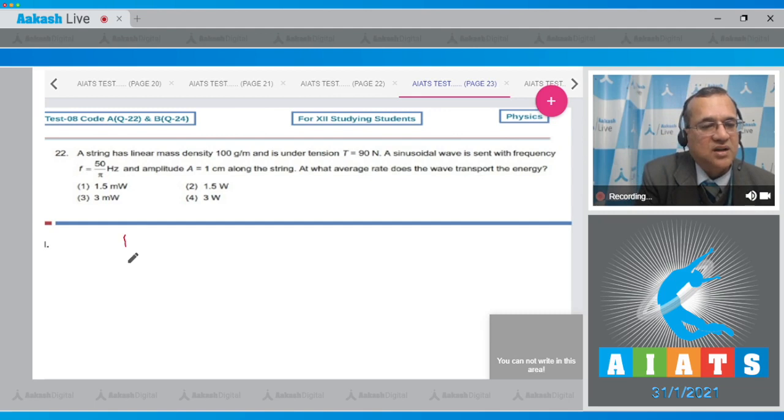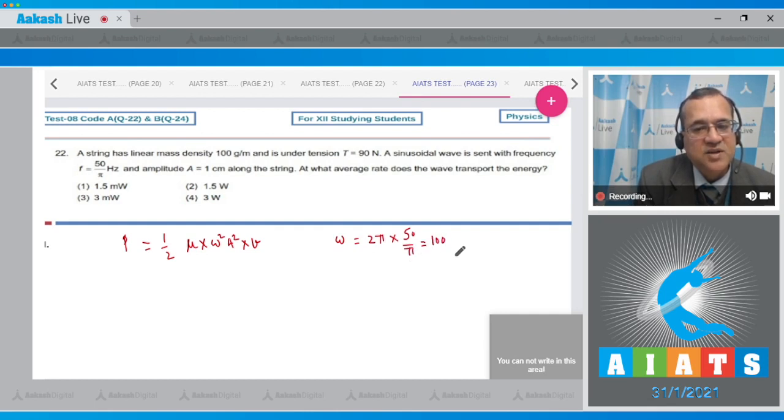Dear student, the average energy transported by the wave is 1 by 2, mu, that's linear mass density, into omega square A square into the wave speed. Now we can find omega: omega is equal to 2 pi into n, and n is equal to 50.5. So this will be 100 radian per second.